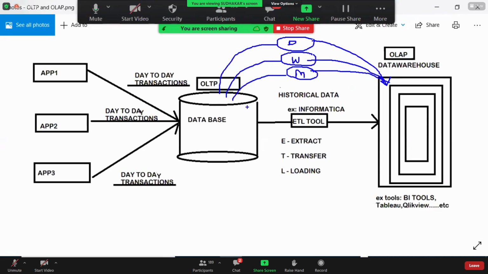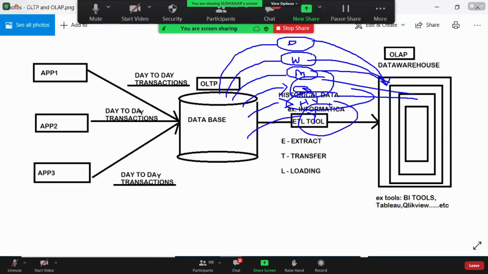Some companies transfer the data quarterly. Some companies maintain half-yearly transfers, and some transfer the data yearly.